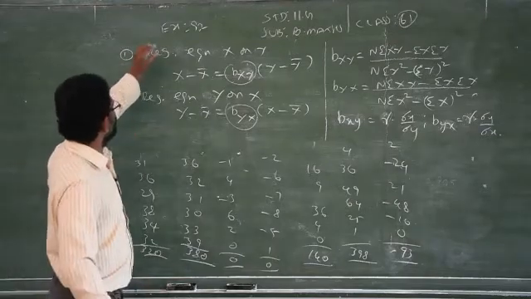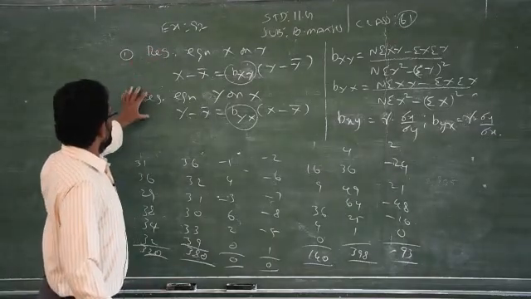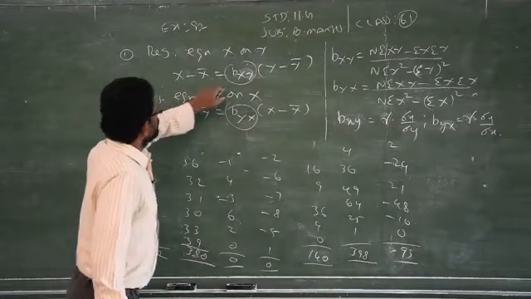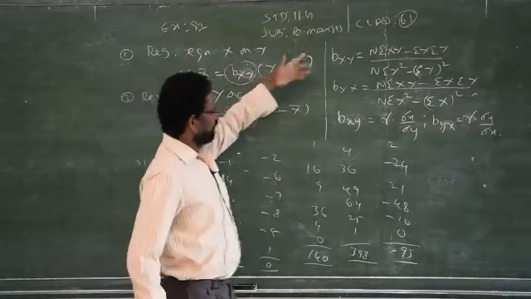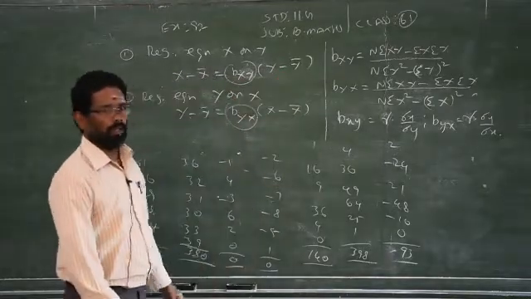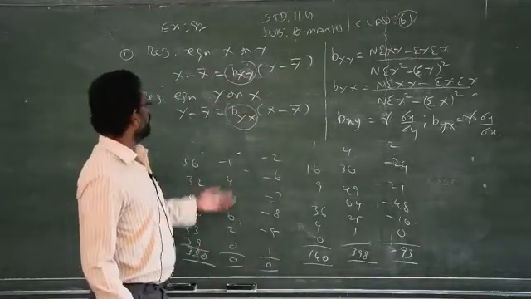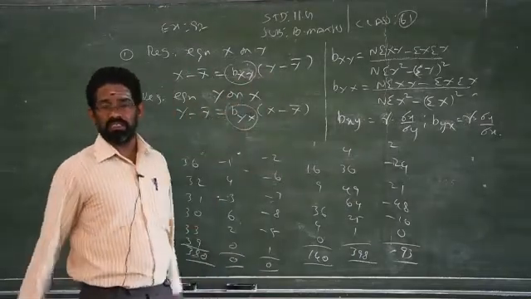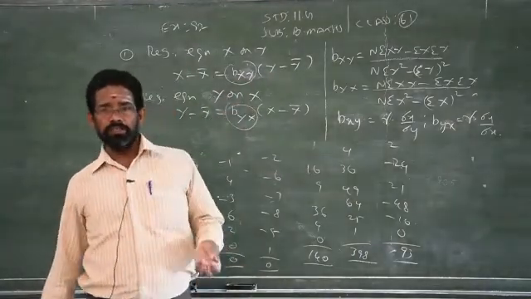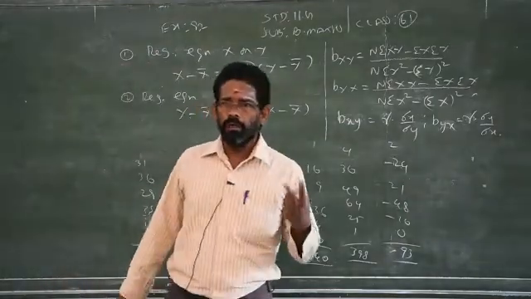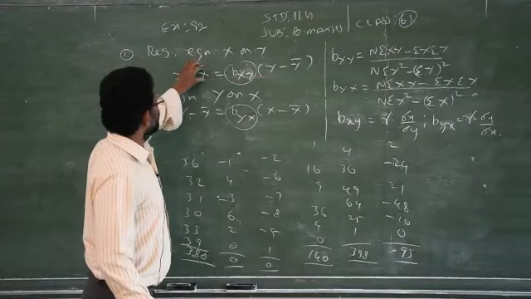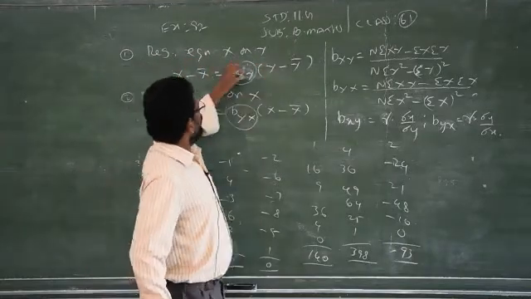So you have to find both the regression equation x on y as well as y on x, for which we must know x bar, y bar. We found already x bar and y bar, that is 32 and 38. I don't know what x and y are, that remains as it is. Just now I said a regression equation is a linear equation with how many variables? 2 variables, that is x and y. You have to replace the values of x bar, y bar and b_xy.